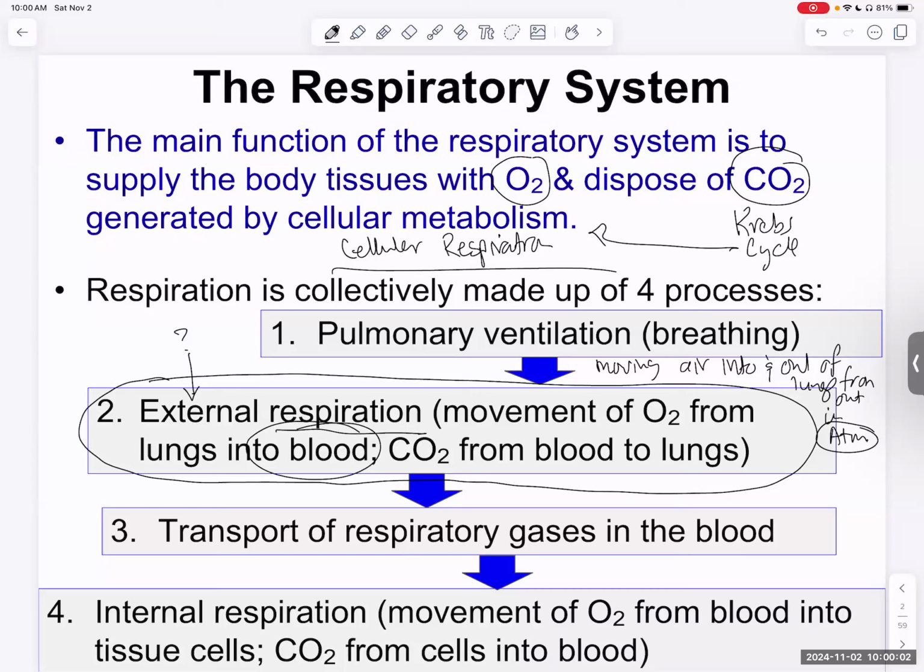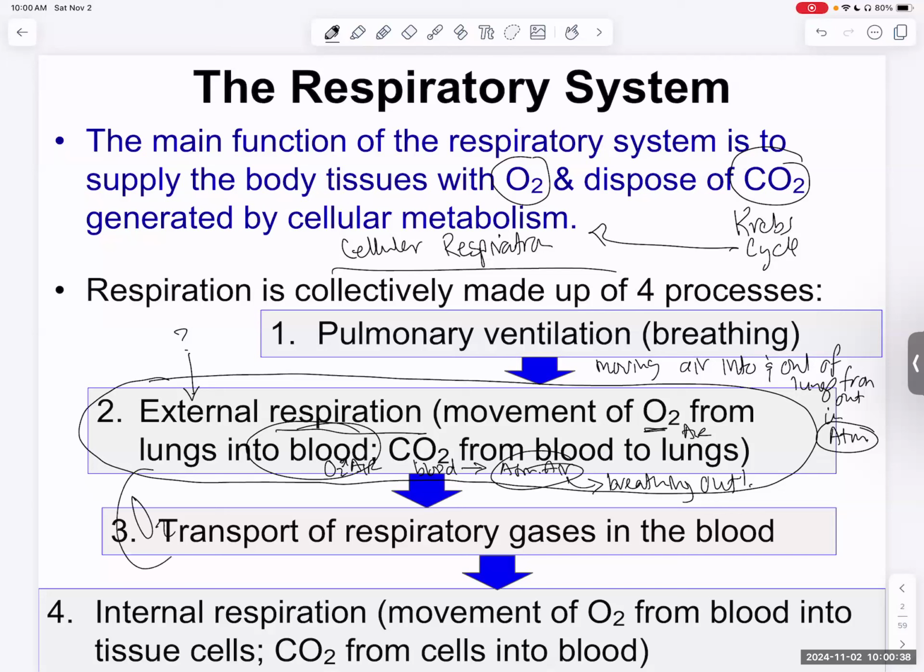So we're taking the oxygen out of the air and bringing that new oxygen into the blood and taking the carbon dioxide from the blood and moving it into what will be the atmospheric air, and we are breathing out. That's external respiration.